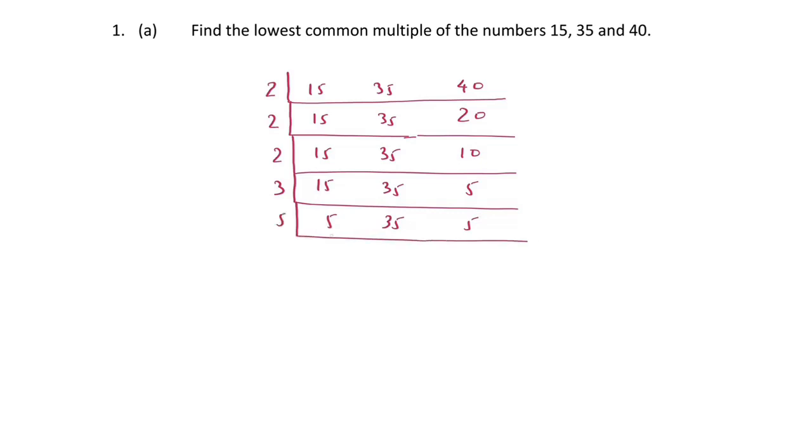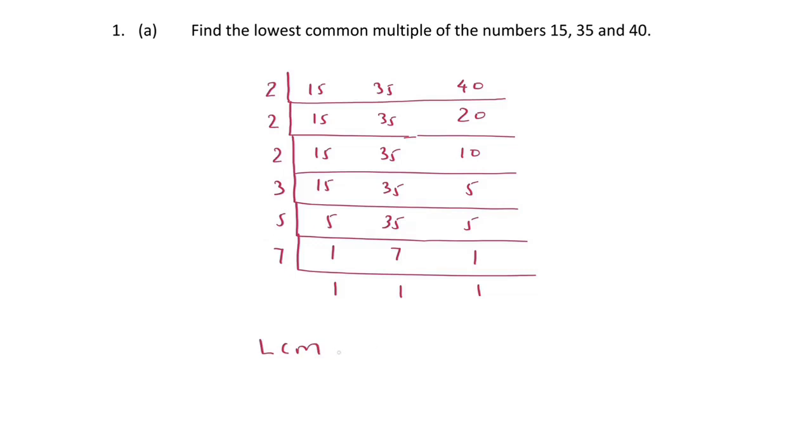So dividing here, we are going to have 1, and here we are going to have 7, and here we are going to have 1. Our next number now is 7. So here the value is 1, and here is 1, and here is 1. Okay, so now to find the lowest common multiple for this one, we just multiply all these divisors.